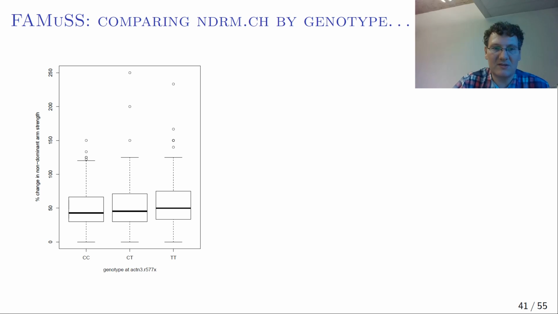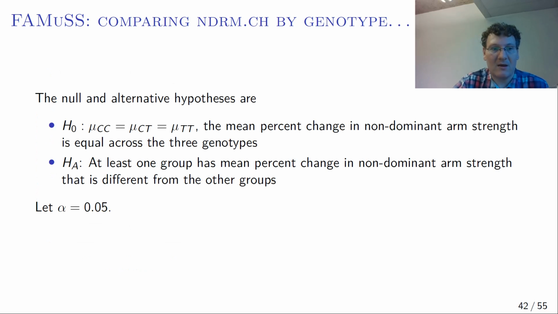Here is what these three groups look like. We've got 3 box plots, and you can see there are some differences, but there's quite a lot of overlap in the rectangular part, the box. And the medians are close to each other. So the ANOVA test is going to tell us whether there's a significant difference or not.